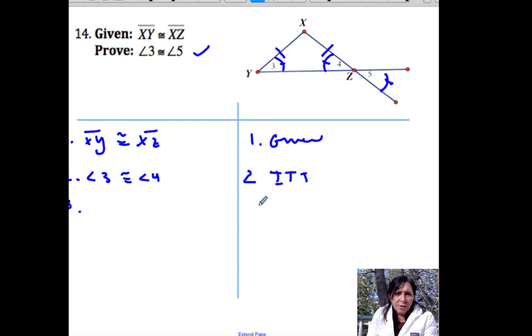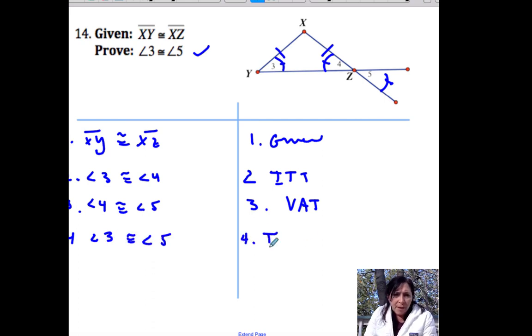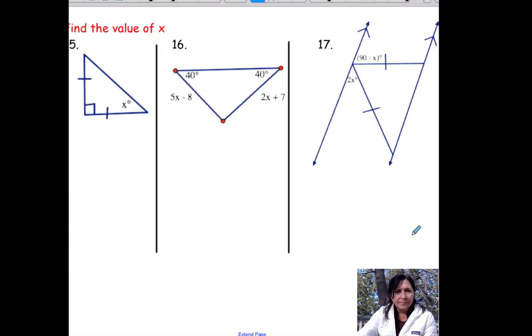Number 3, you can then say that angle 4 is congruent to angle 5, and that is vertical angle theorem. And lastly, if these two angles are the same, I can say that angle 3 is congruent to angle 5, and that's based on the transitive property of congruence.